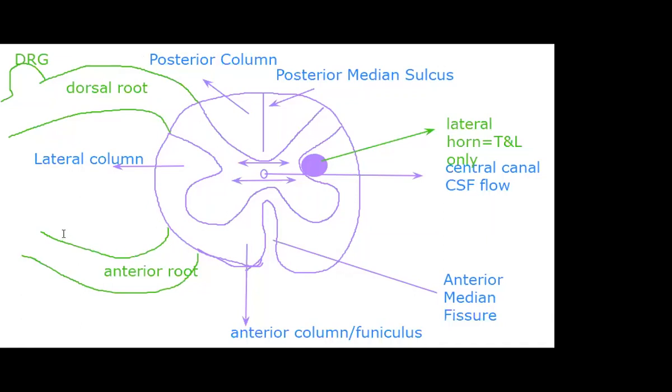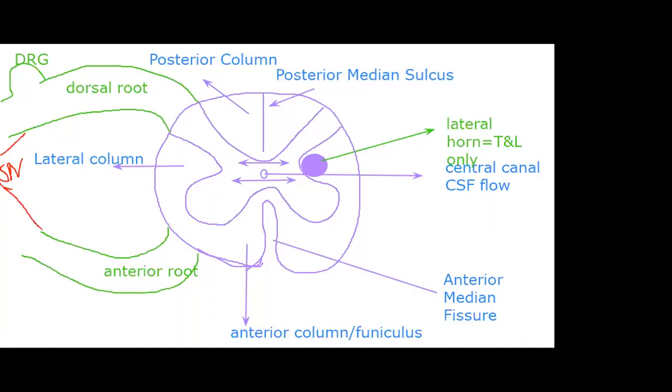Now, whenever the dorsal root and the anterior root meet up together, I wish I had more space on this drawing, but I'll use a different color. They're going to come together, okay? As they come together, this is ultimately going to become your spinal nerve. I'm going to put S in. Once they meet together, we will say that is your spinal nerve.